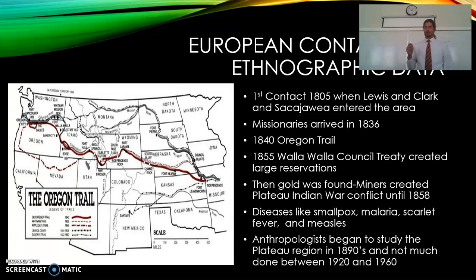This is 85 years of contact before anthropologists are able to go in and study that region and really tell us what these people were like. And all of that time period, these groups have changed because of the contact. And again, this is an important fact when we're talking about the identity of these groups.